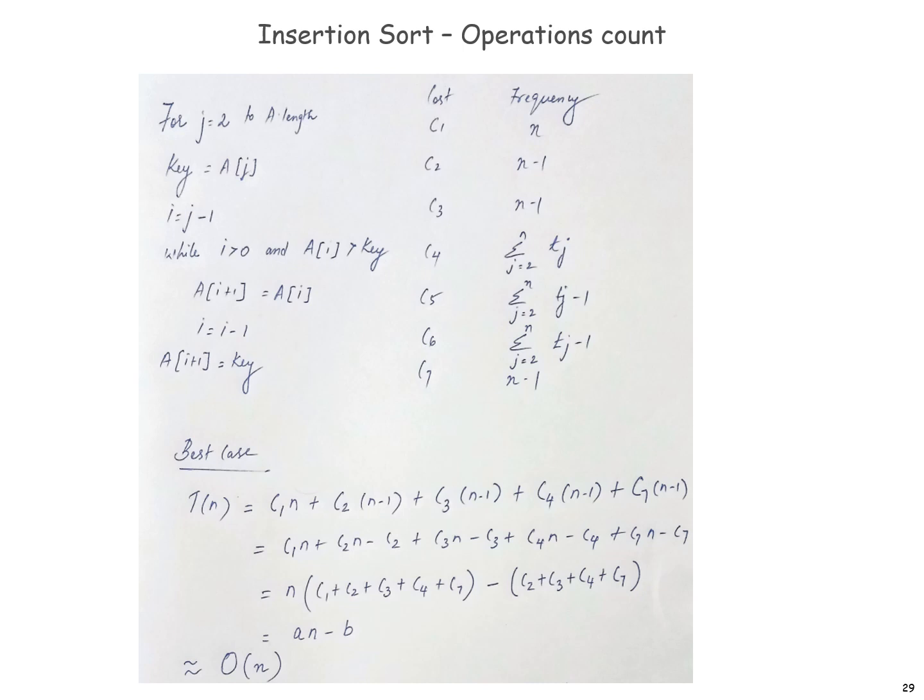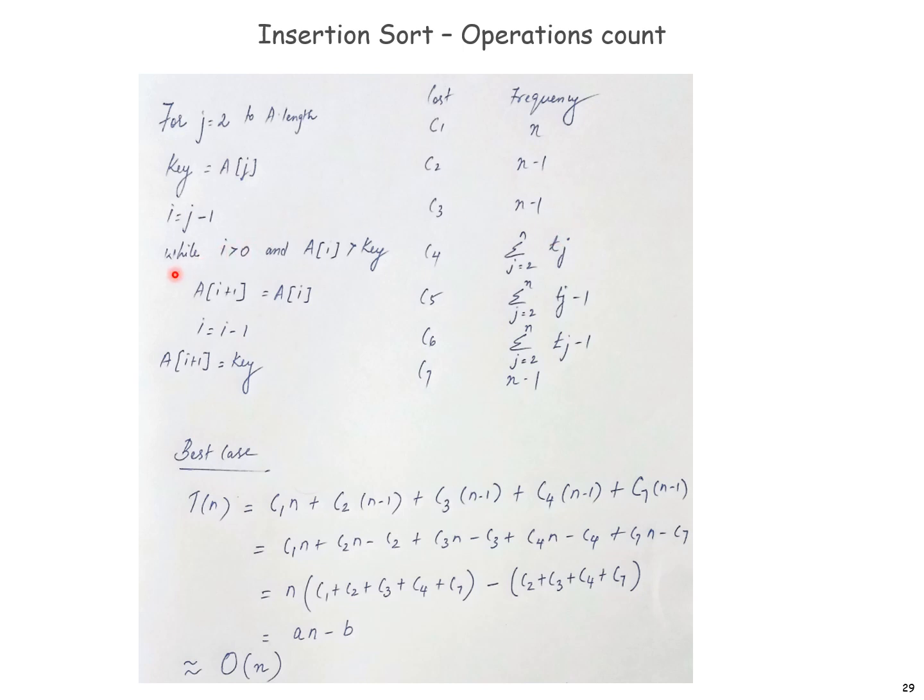So here the first statement is a for statement. The loop runs from 2 to n, which is n times. Now we have key is equal to A of j. This statement is within the for loop, so it runs n minus 1 time. i is equal to j minus 1 runs n minus 1 time.